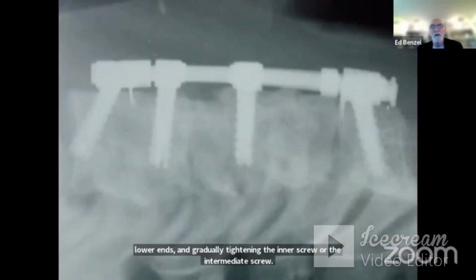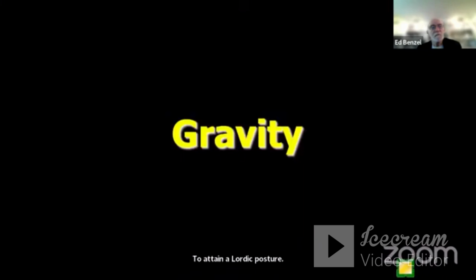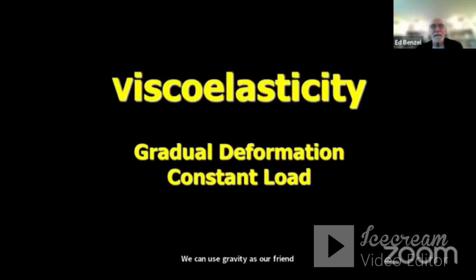And here we see an example of such. We can use gravity as our friend. There is a phenomenon known as viscoelasticity, which is a gradual deformation of a body under a constant load. So this is a patient that I took care of about 20 years ago.